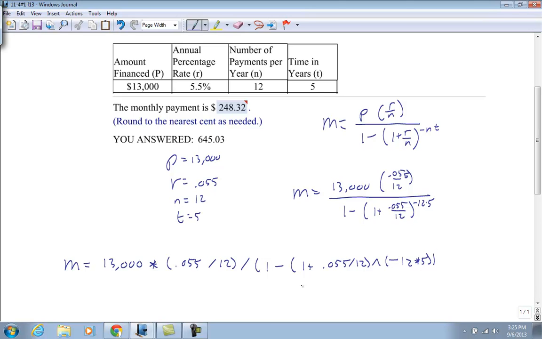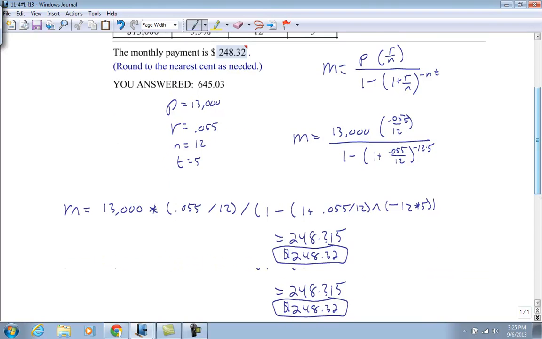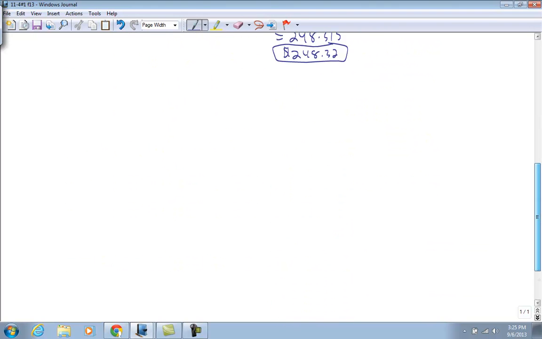And I get 248.315. If I round to the nearest penny, it's 248.32. That's how we get that problem. I wonder if they gave us a table on this. They didn't. So I think they wanted us to do it this way with the formula.